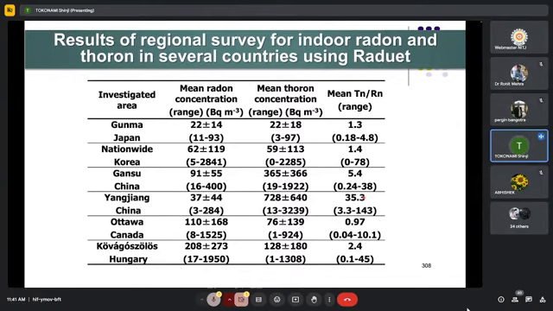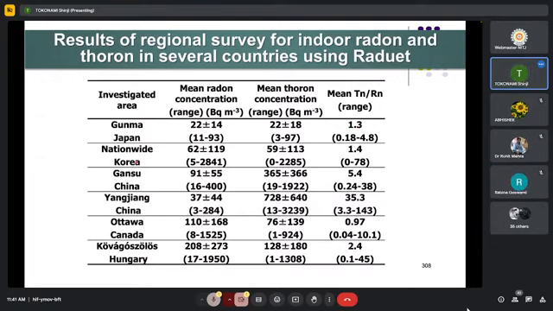Using the radon-thoron detector, we conducted several radon-thoron surveys in several countries. In Japan, the mean radon concentration was 22 becquerel per cubic meter, and thoron 22 becquerel per cubic meter. The ratio between thoron and radon is 1.3.